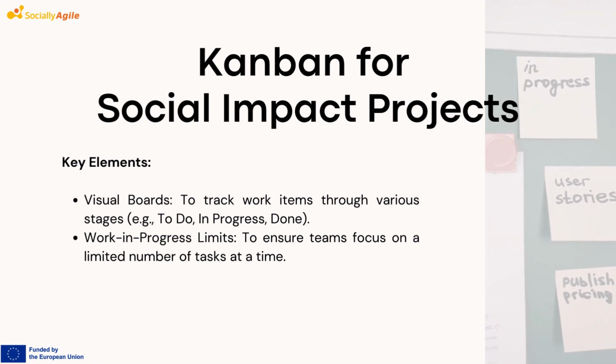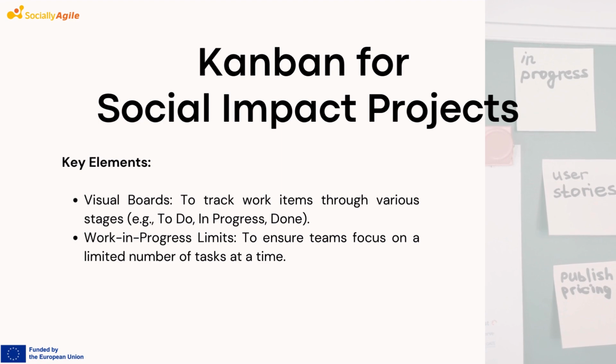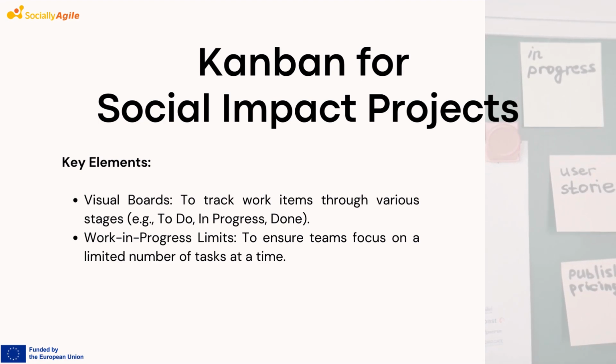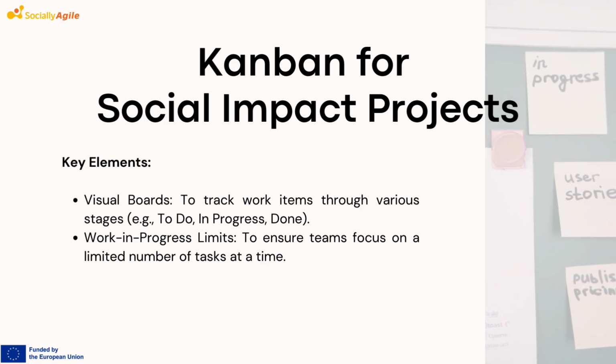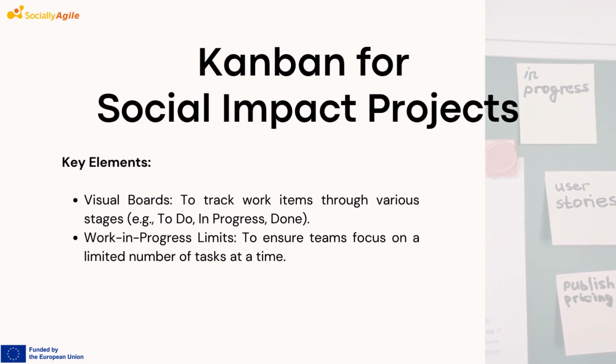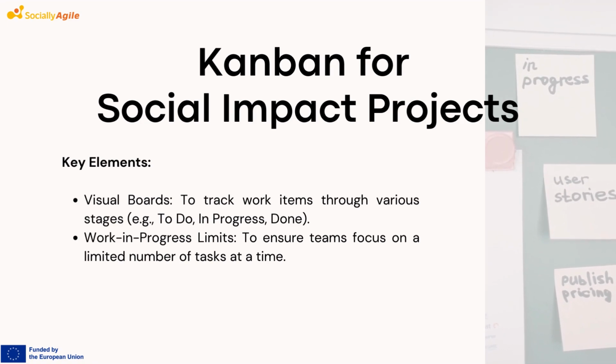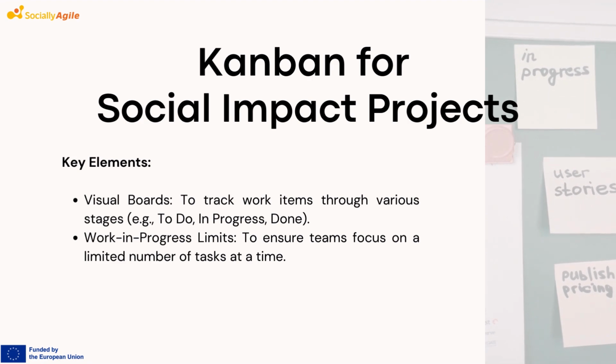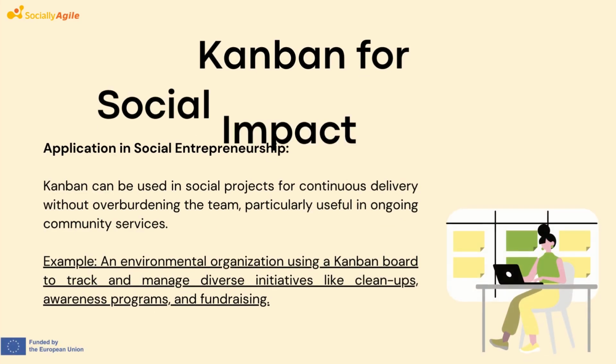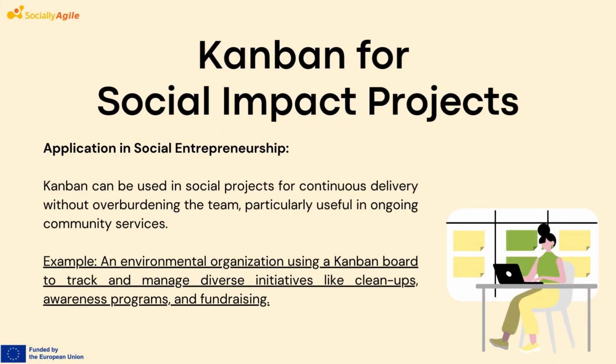These boards provide a clear overview of the project's progress and help identify any bottlenecks. Work-in-progress limits are set to ensure that teams focus on a limited number of tasks at a time, preventing overburdening and promoting efficiency.